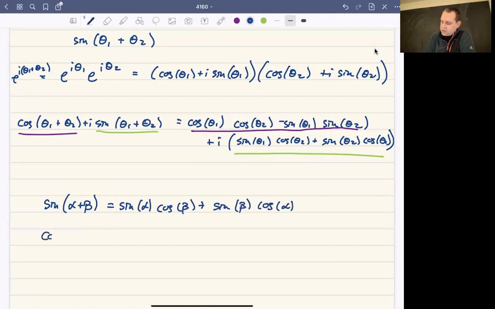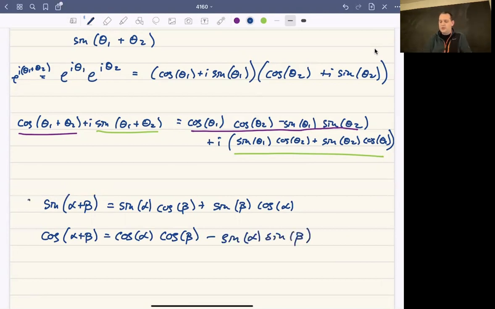And likewise, cosine of alpha plus beta is cosine of alpha cosine of beta minus sine of alpha sine of beta. Okay, and so there are some nice trig identities that you can get from there.